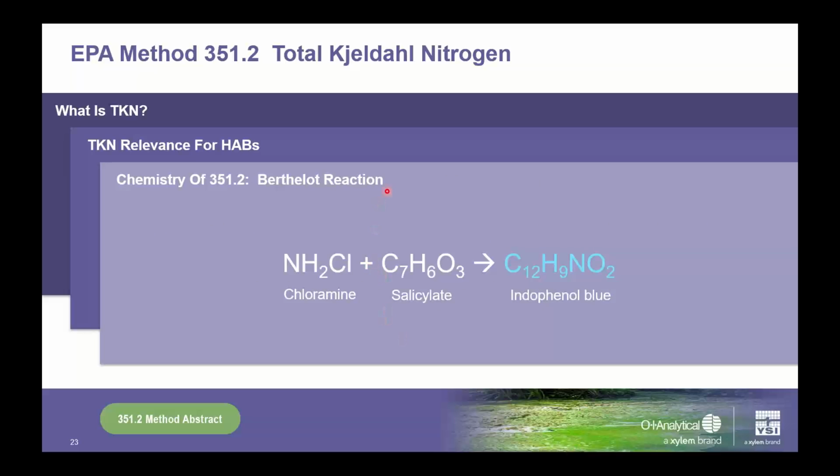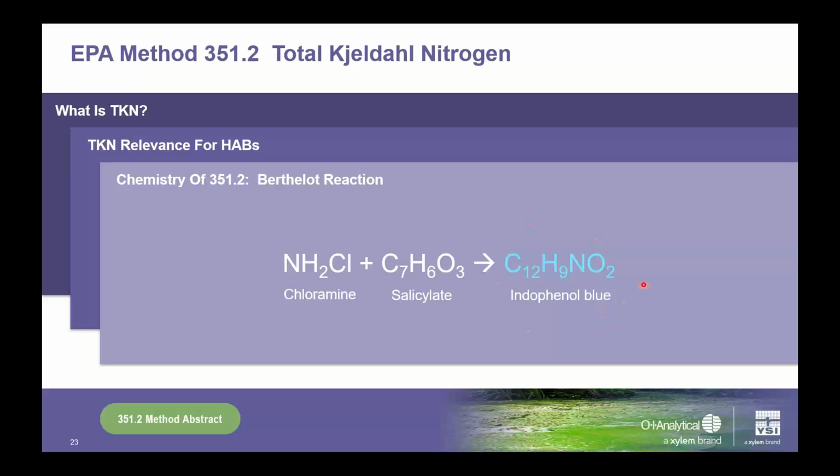The next step, this is where we do what's called the Berthelot reaction. So the chloramine is going to react with salicylate to give indophenol blue. Those chemists out there know that this is a very, very common color indicator in a lot of chemistry reactions that we do to detect nitrogen compounds and other stuff.